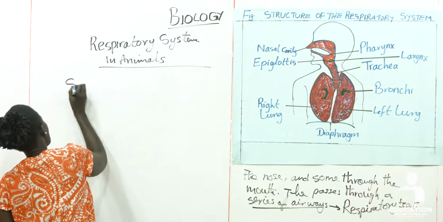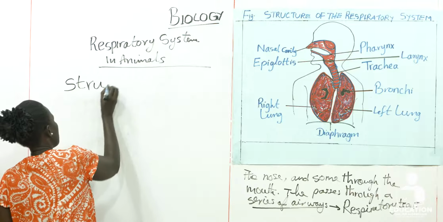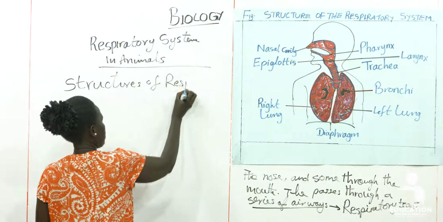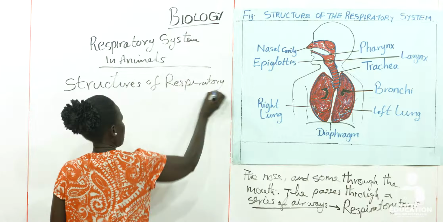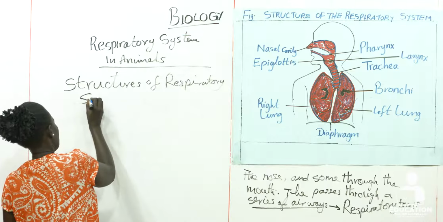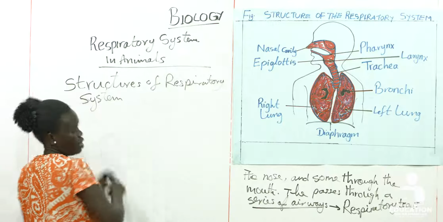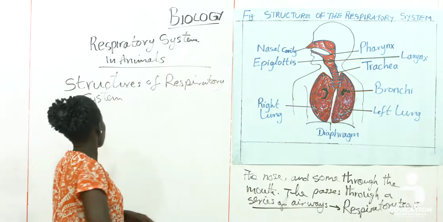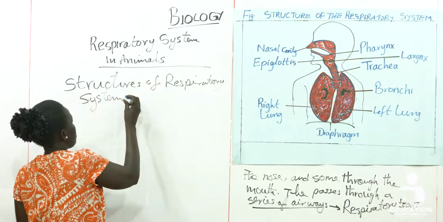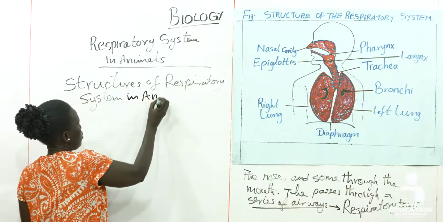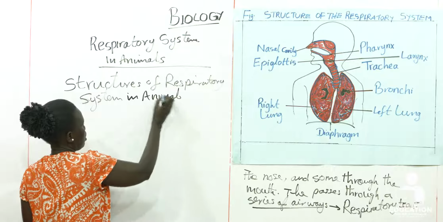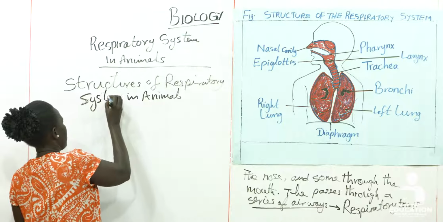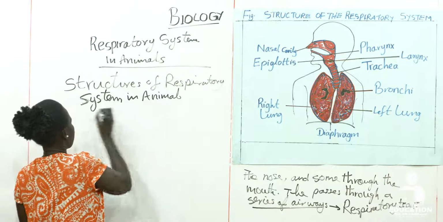Structures of the respiratory system in animal, which is represented by the diagram of a human being.